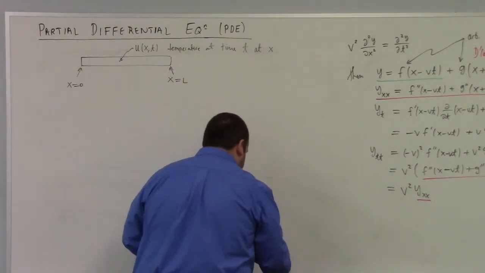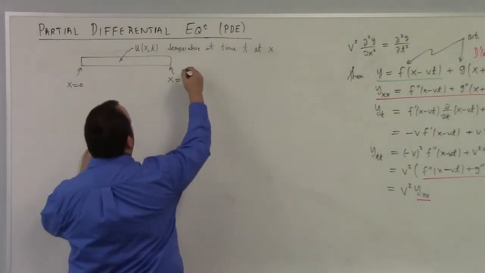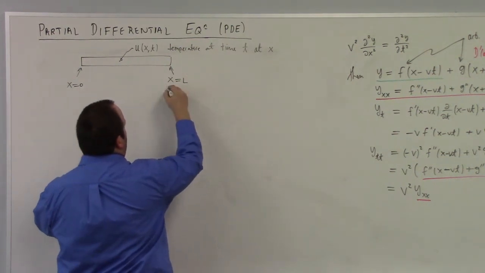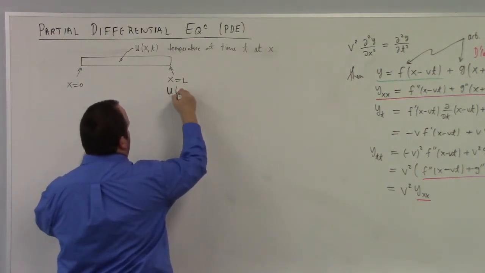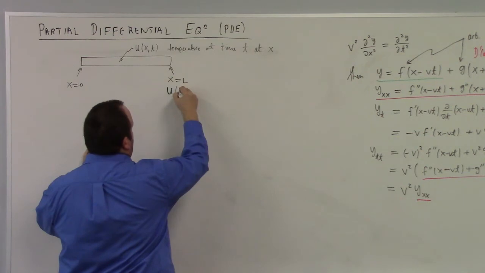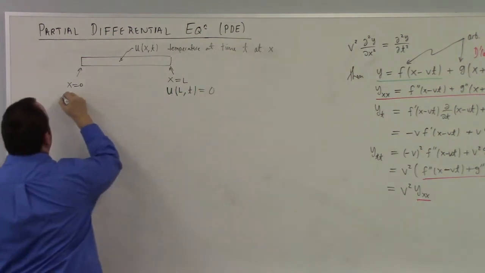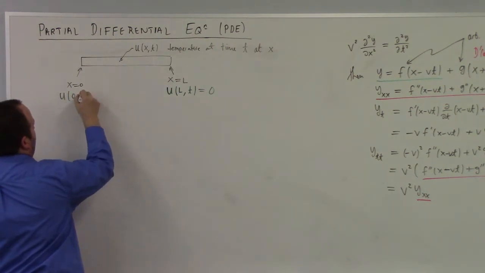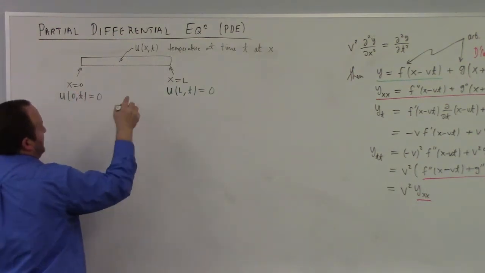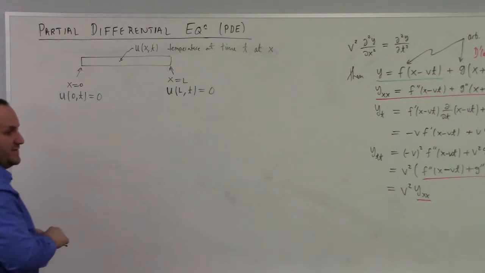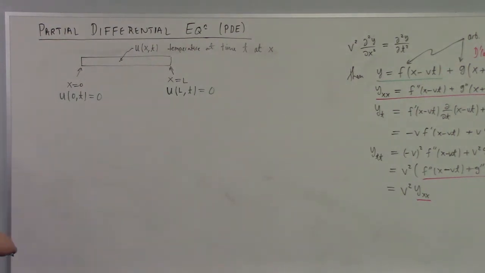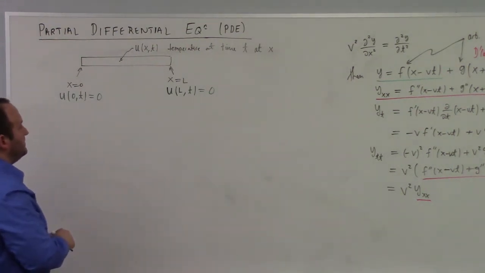And typically some boundary conditions are given; simple homogeneous boundary conditions are nice. For example, you can assume that u of L comma t is equal to 0, and u of 0 comma t is equal to 0. So like fix the temperature at the endpoints to be 0 for all time. These are so-called homogeneous boundary conditions.